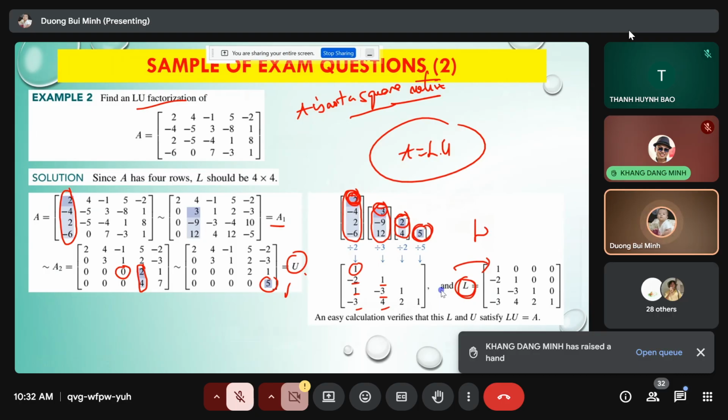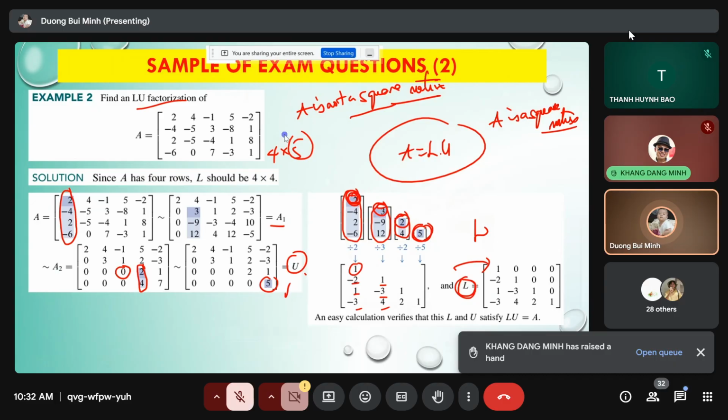So remember that normally A is a square matrix, because if A is a square matrix, you can get a unique solution. And here we only have 4 rows but 5 columns, so maybe we have many solutions.